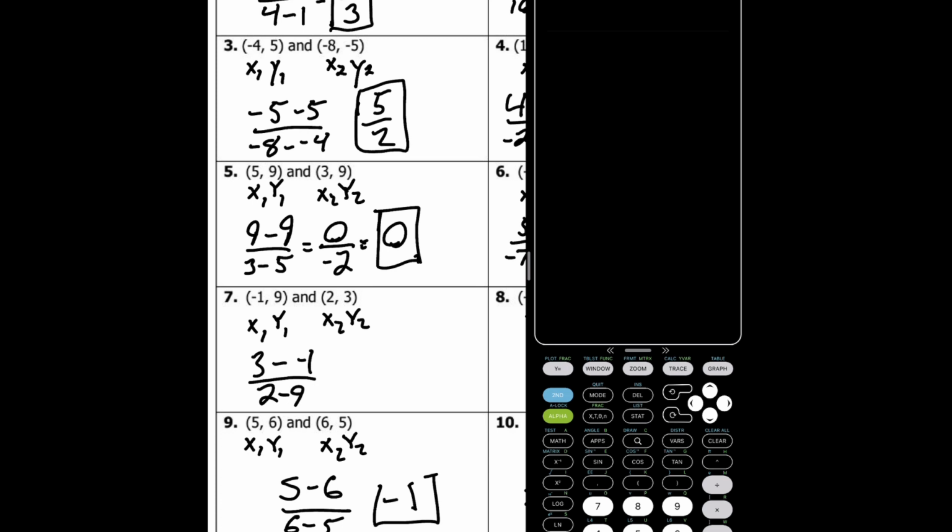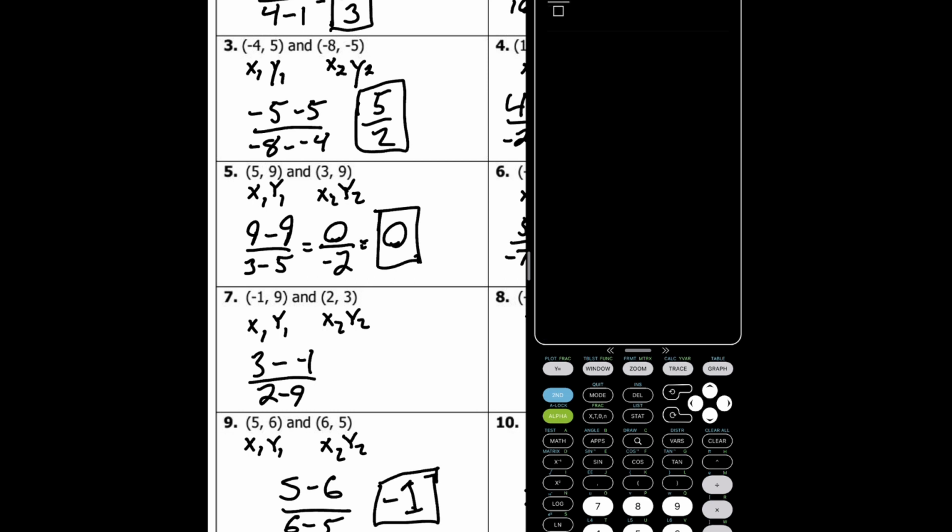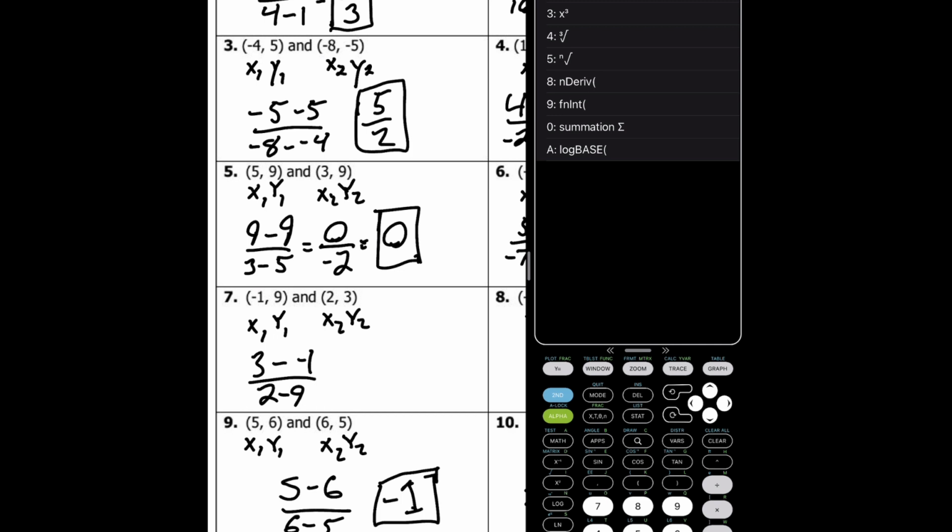Then I go back to the question that I skipped for some reason. Alpha y equals, enter, 3 minus negative 1, 2 minus 9, enter, math, enter, enter.